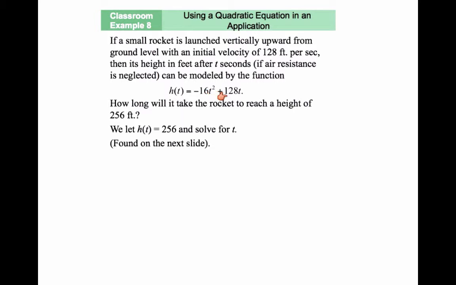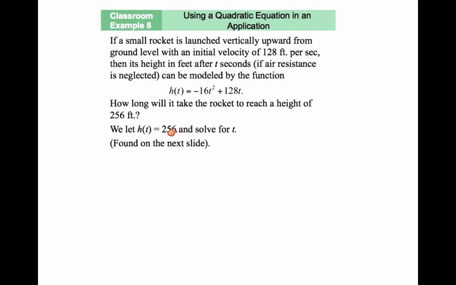So they're giving you h of t is equal to minus 16t squared plus 128t. This is given to us. How long will it take the rocket to reach a height of 256 feet?